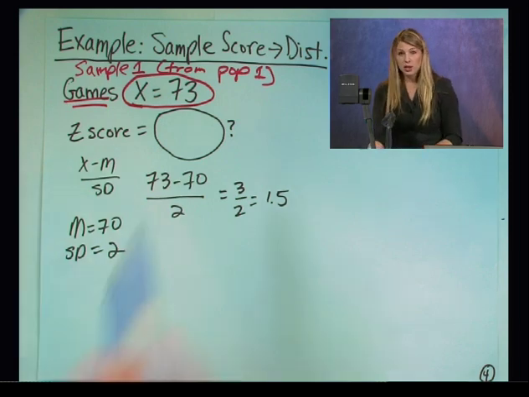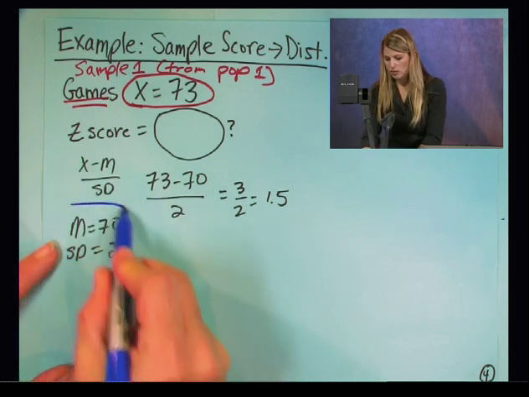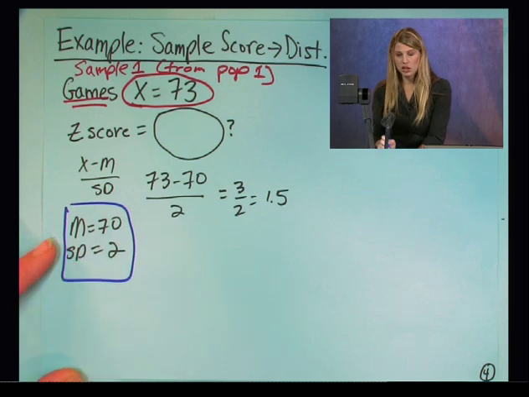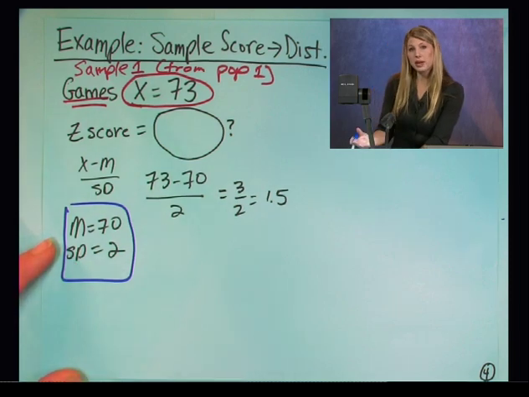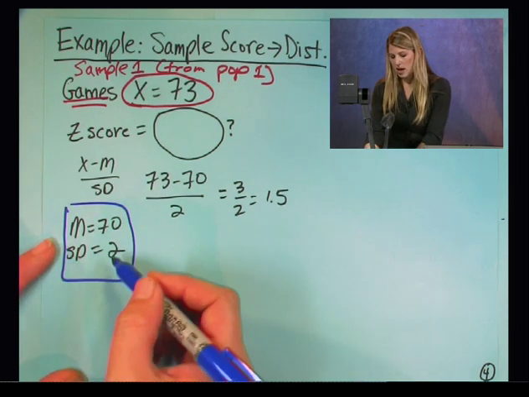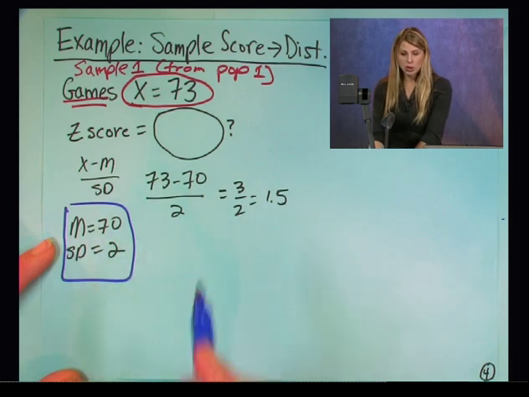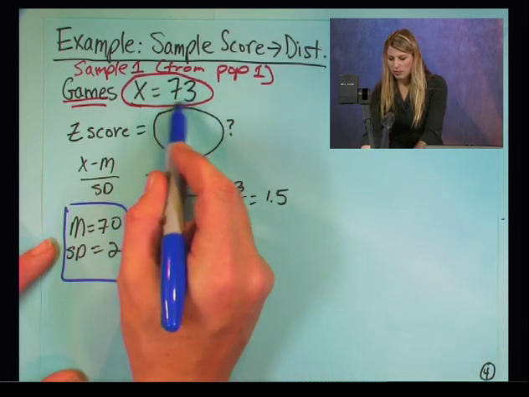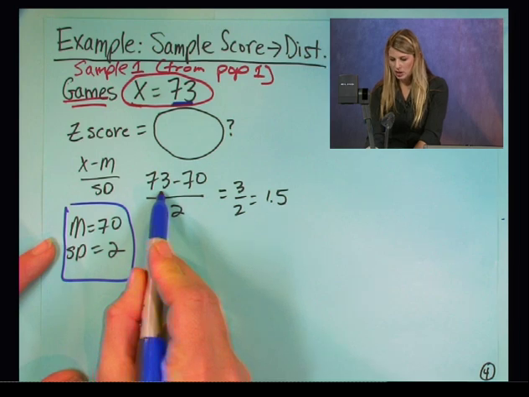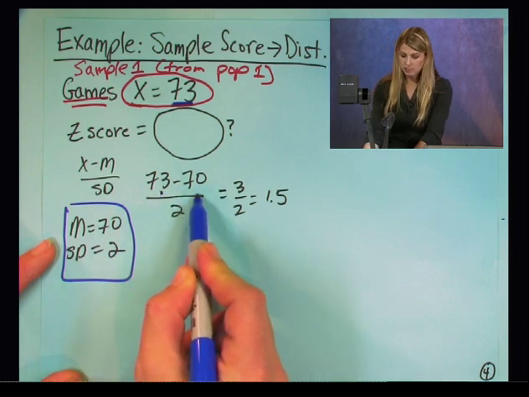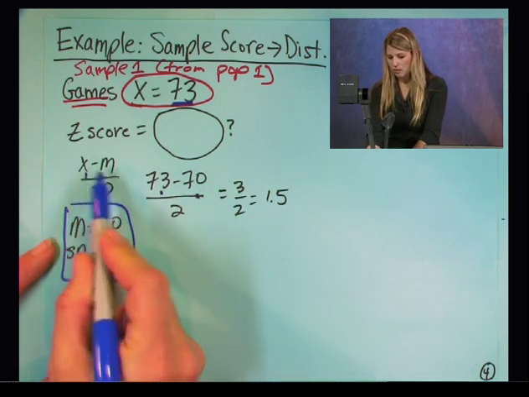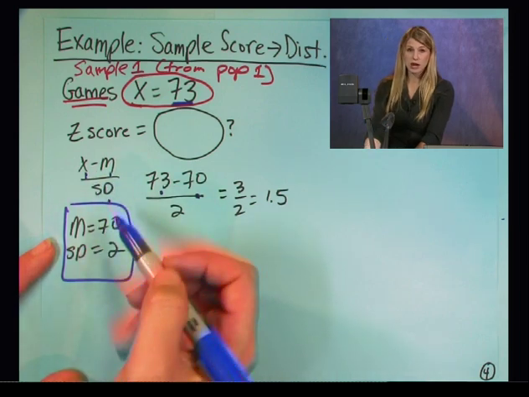Now, we have to calculate a z-score from that number. If you guys remember, the z-score, and we already knew the mean and the standard deviation of the population we're comparing this to, is 70 and 2. Okay? So you take your sample score, 73, and you subtract the population mean. So your score minus mean divided by standard deviation is how we calculate z-scores.